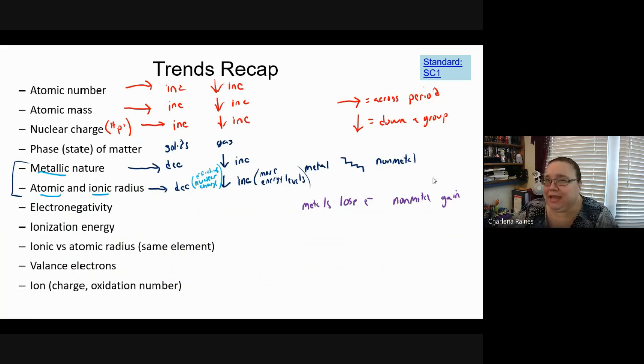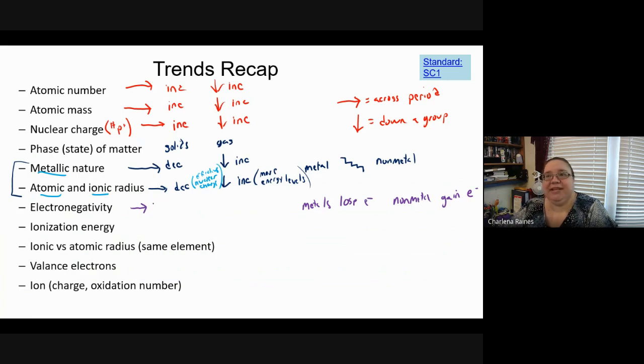So if I'm gaining electrons, that means I have a really, really high attraction for my electrons, or the electrons of another element. Therefore, I tend to have a high electronegativity. If I'm trying to lose electrons, I have a low electronegativity because I don't want to attract them. I want to give them away.